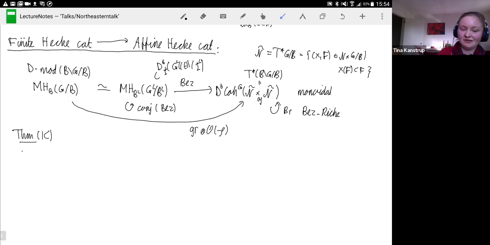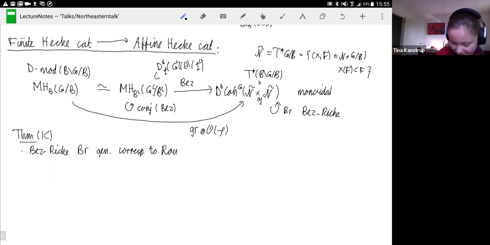So you're looking at your braid from the opposite side. So braid generators correspond to Rouquier complexes.